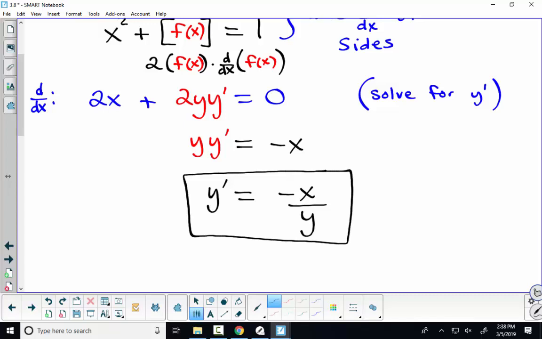And so the difference here, we see that the derivative depends on both x and y. Most of the time, implicit differentiation does give you a derivative in terms of both x and y, because the reason for that is just pretend we couldn't solve for y.